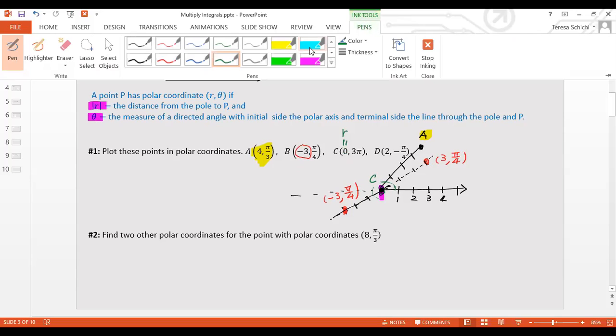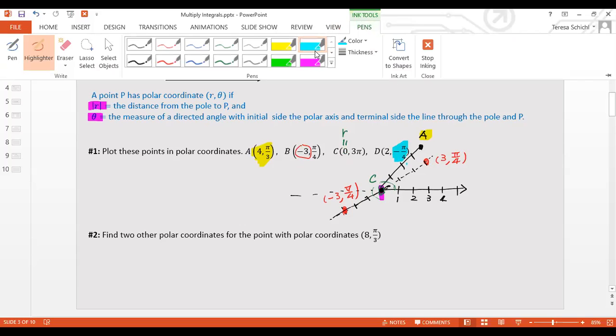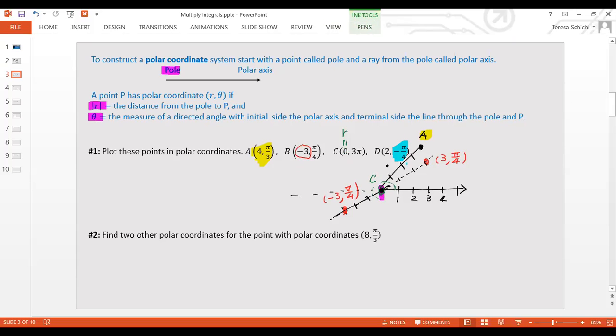Okay, now let's take a look at the next one. The next one has angle negative pi over 4. I know if I rotate my angle counterclockwise, it's positive. So now I'm going to rotate clockwise, so it will be negative. So this will be here, right? This is negative pi over 4, because from here to here is pi over 4, so it's clockwise, so it's negative.